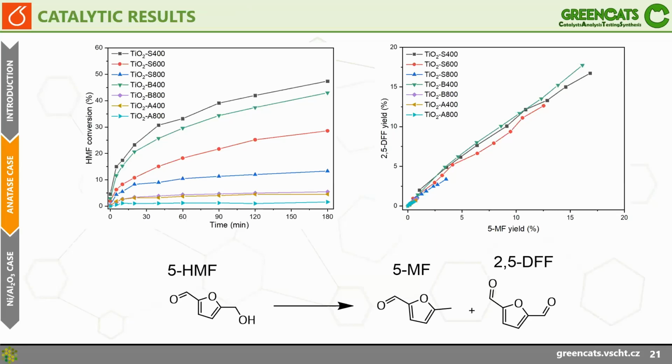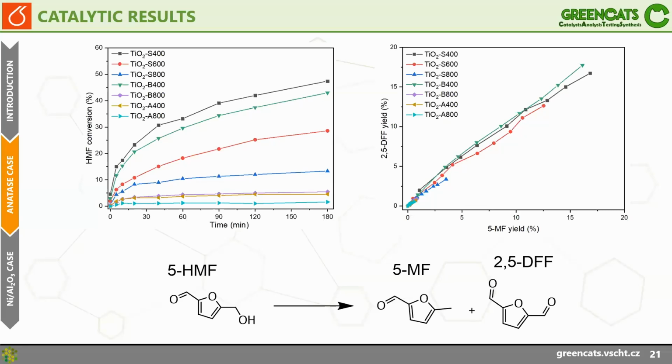That was shown for one of the catalysts. Then we plotted this for all the catalysts, the conversion under the same conditions, and you can see that there are quite some differences.